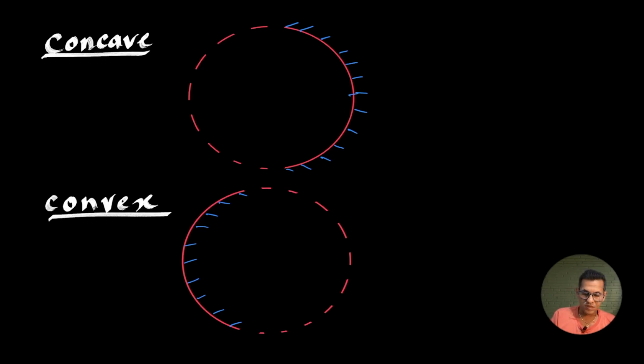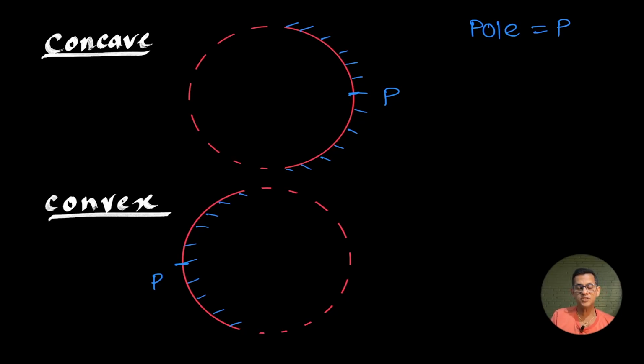Now, the center of the reflecting surface of the mirror is called the pole of the mirror, given by letter P. It also applies to the convex mirror. The center of the reflecting surface is called the pole of the mirror.